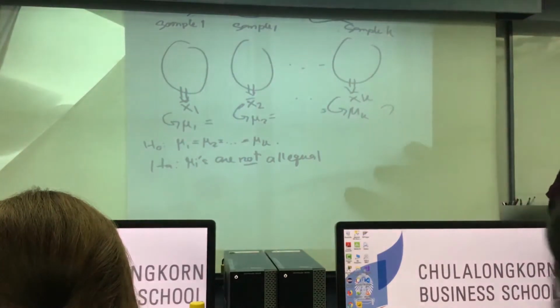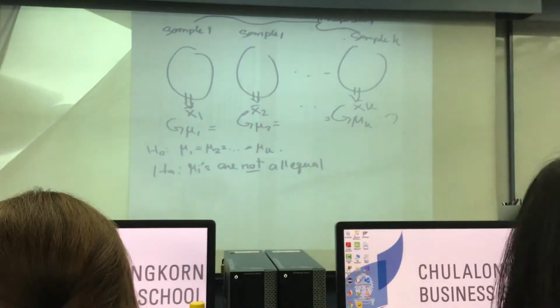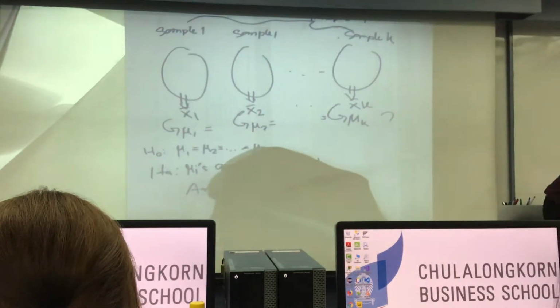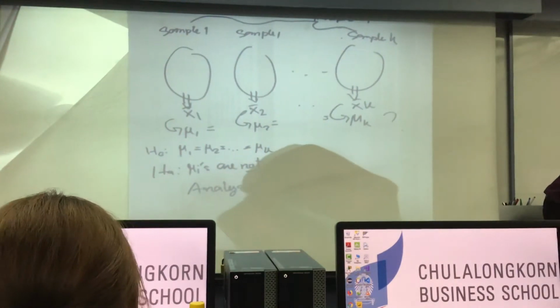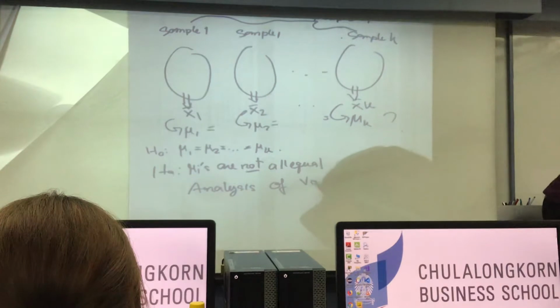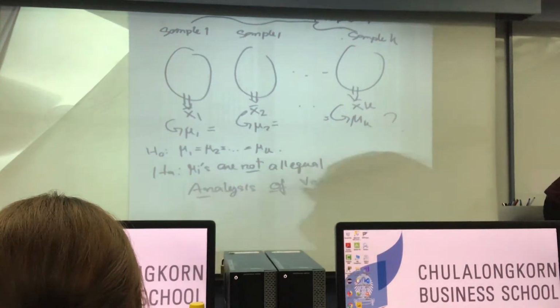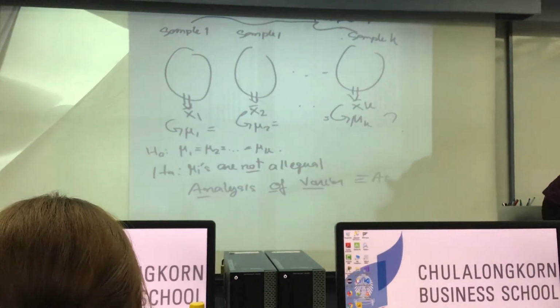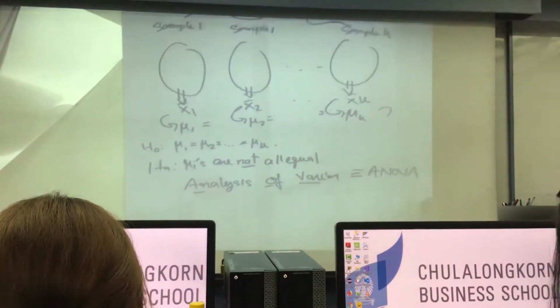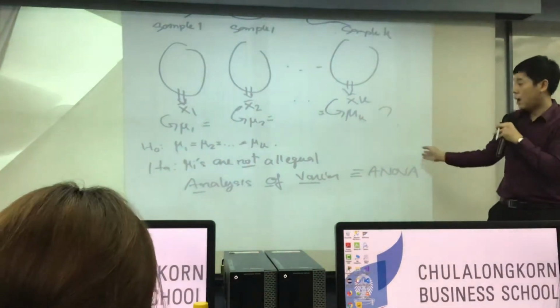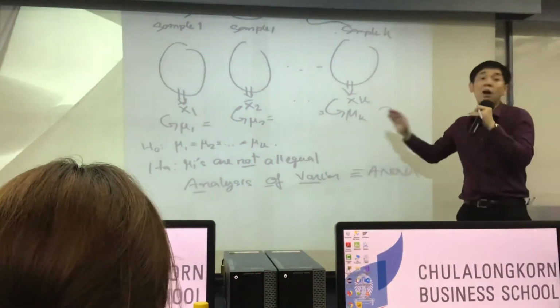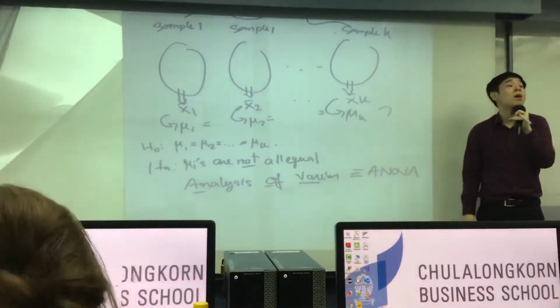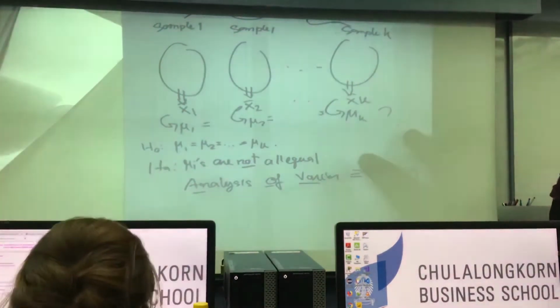So my point is that at the end, this is what we call analysis of variance. The name ANOVA is actually a short name for analysis of variance. It's basically talking about variance among X bar.